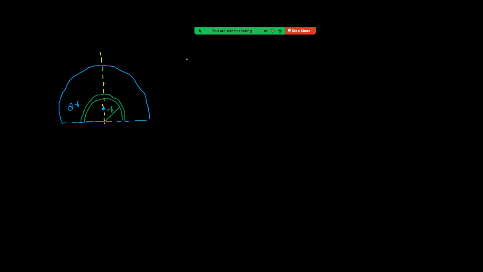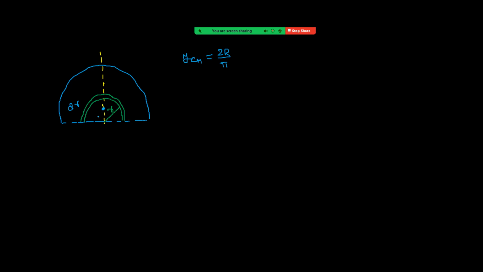Now we can see for this semicircular wire, the center of mass will be at a distance 2r by pi. Just now we have learned, right? YCM for a semicircular wire is 2r by pi from the base. Okay. So for this semicircular wire, the center of mass is at this point. Distance equal to 2r by pi.